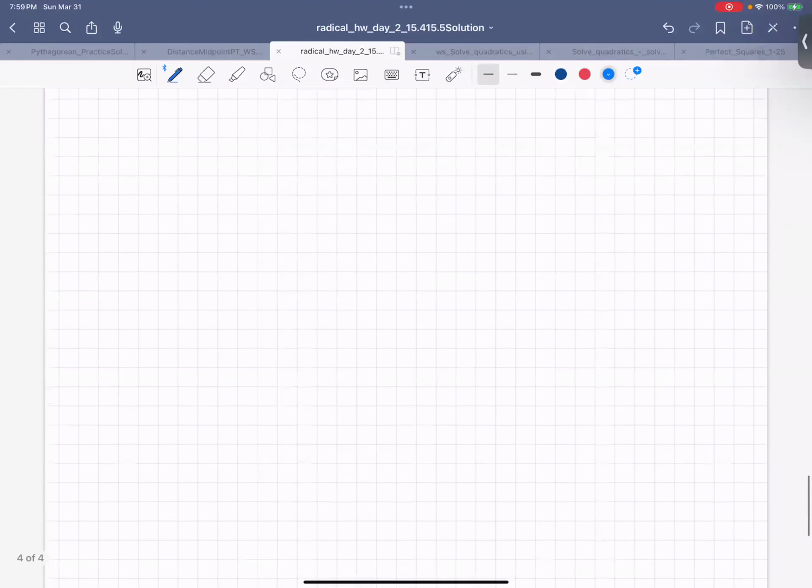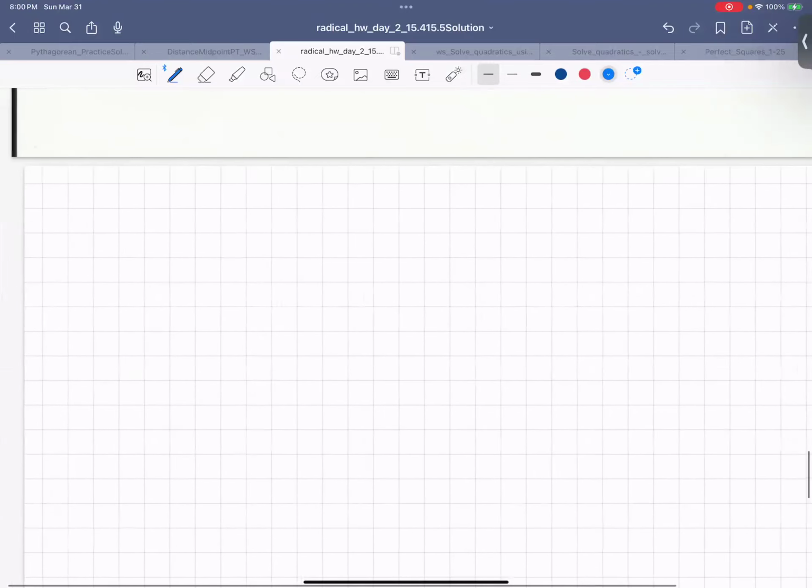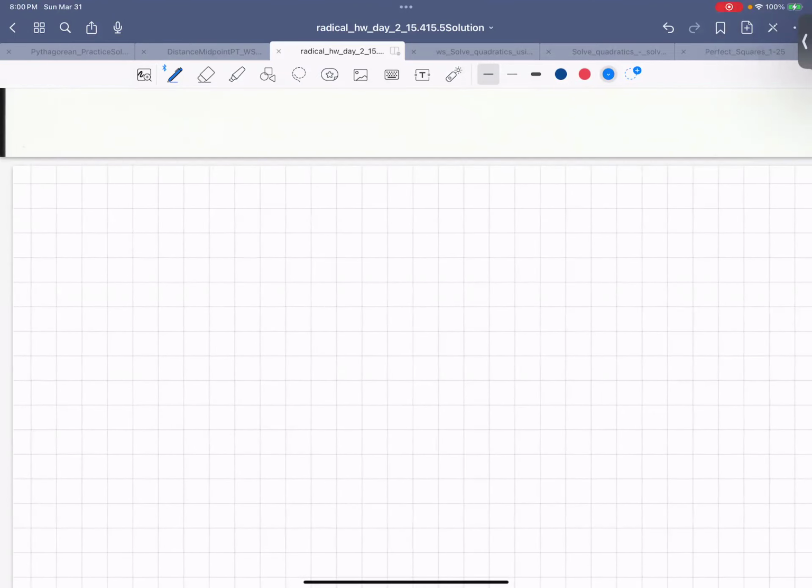Look, do you remember all those perfect square numbers up to 30? Yes, I get it.